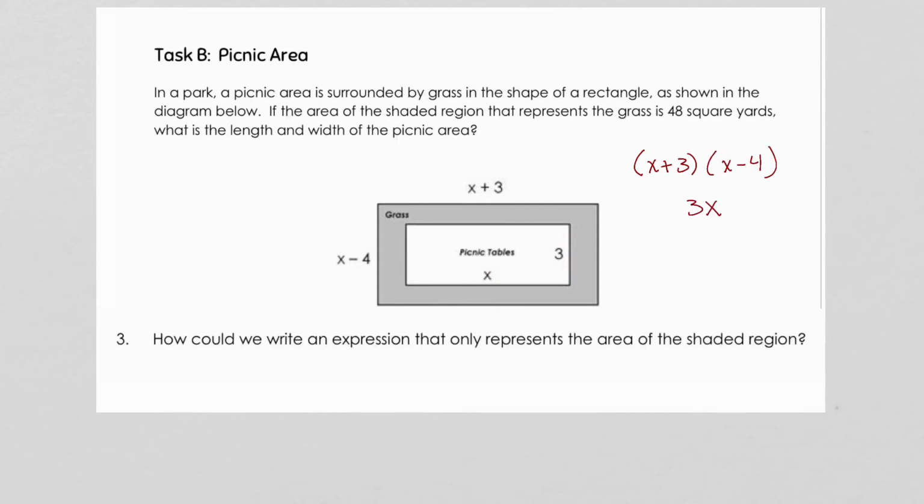And question number 3 asks, how could we write an expression that only represents the area of the shaded region? Well, if we know the area of the big grassy area, we already figured that out, x plus 3 times x minus 4, then we can subtract the area of the picnic table, and that would be only the area of the shaded region.